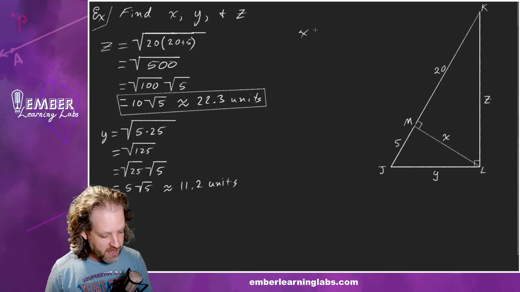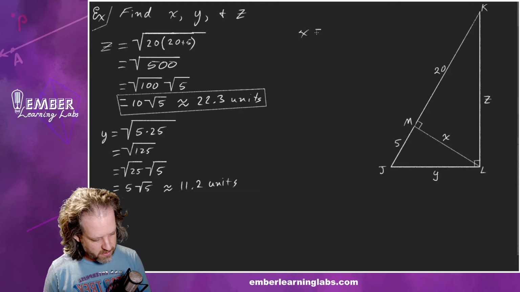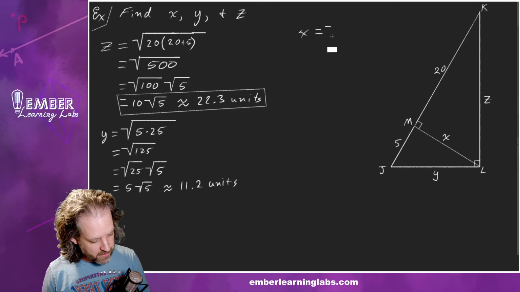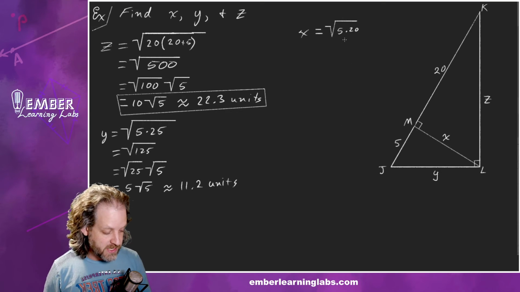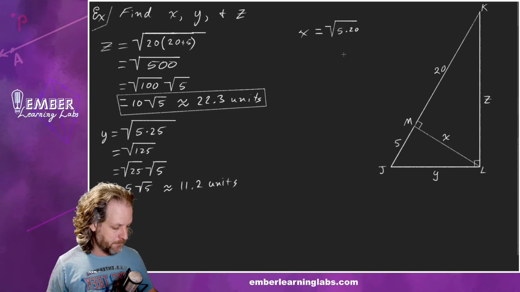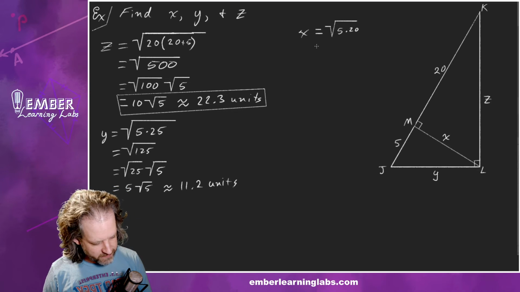So x equals the square root of 5 times 20. So 5 times 20 is 100, right? So this equals the square root of 120.